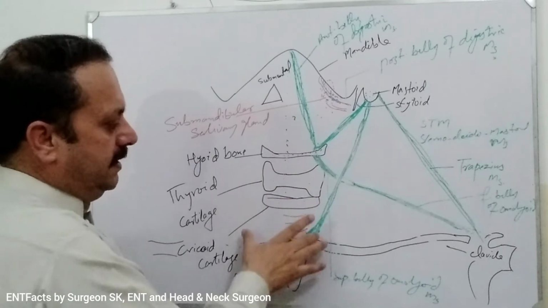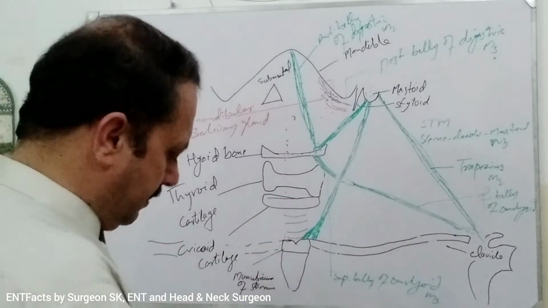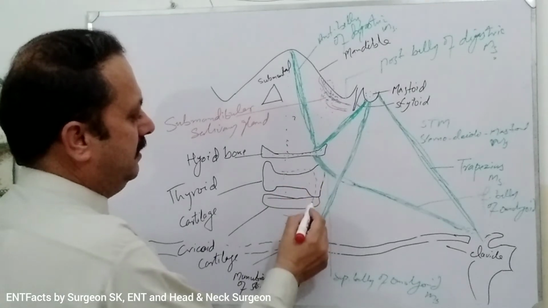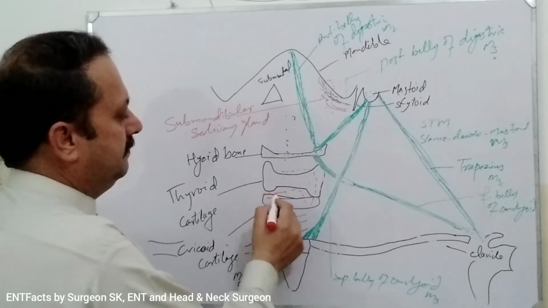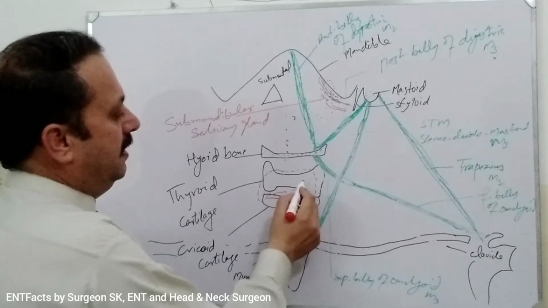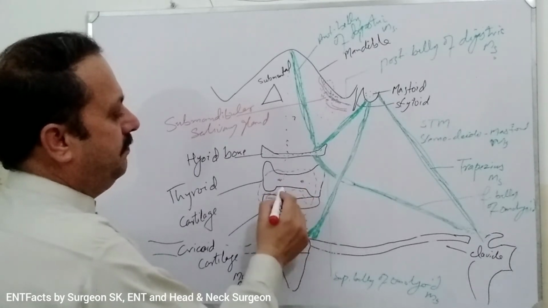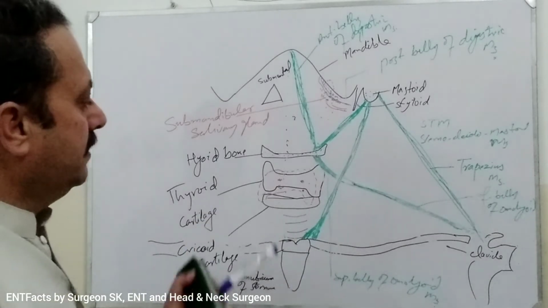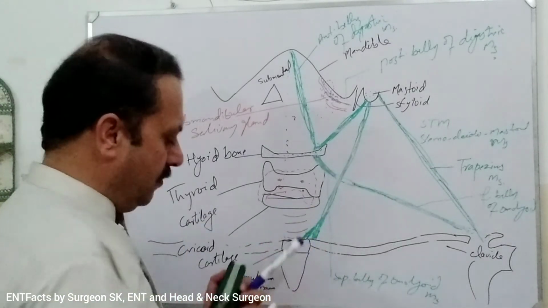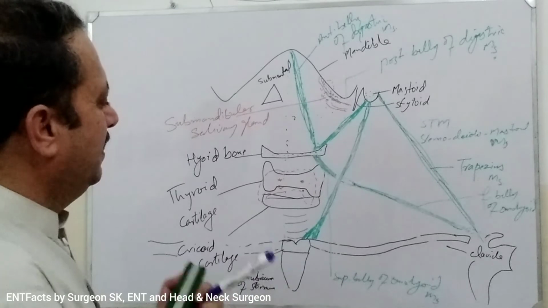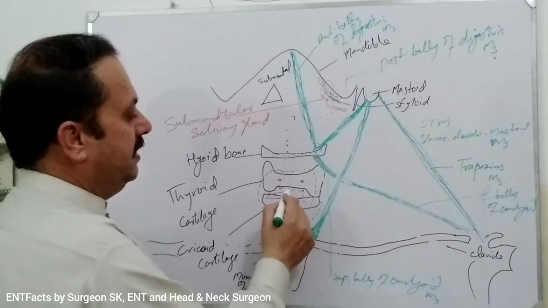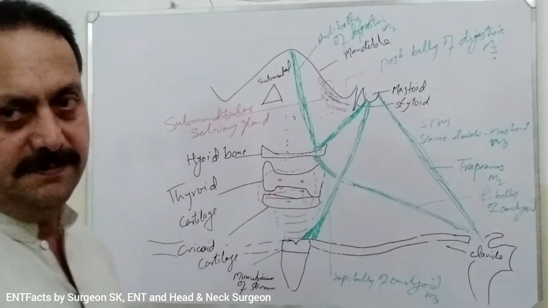Now come to the anterior triangle. Here in this triangle lies the important gland that is called the thyroid gland. On the back of the thyroid gland, there are the parathyroid glands. These are the important structures, with paratracheal and prelaryngeal lymph nodes also lying here.